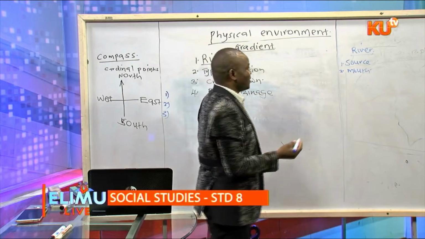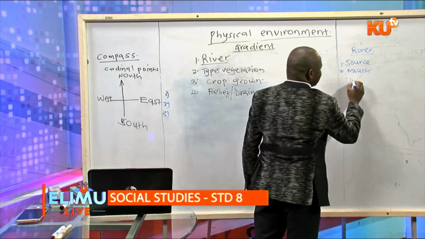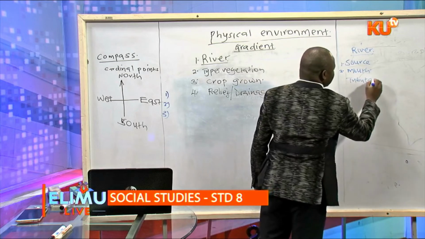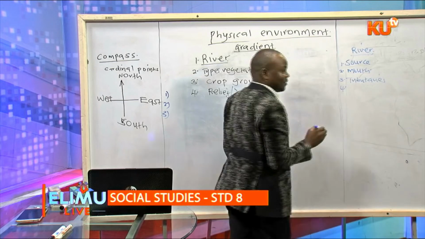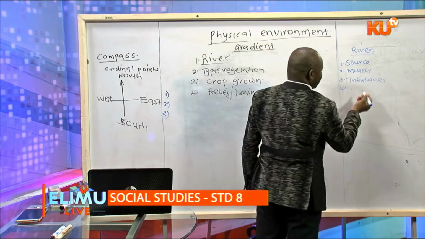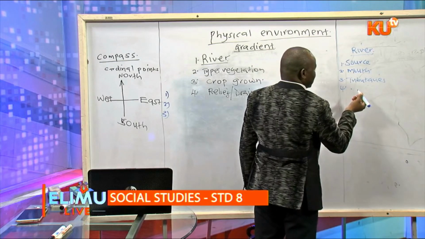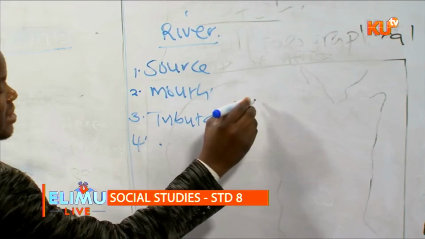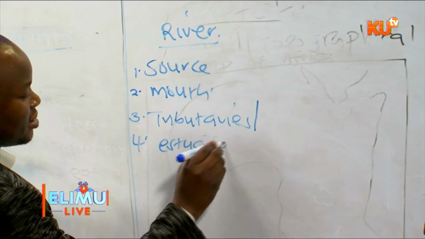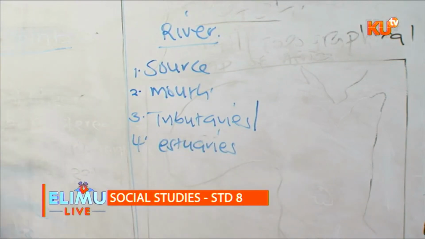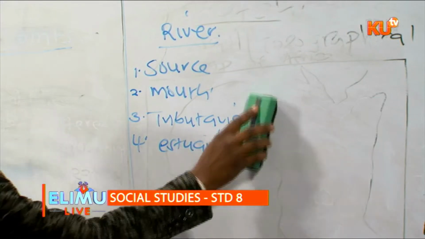Then a river can also have tributaries, and an estuary. I'll explain this one so that it doesn't confuse you.